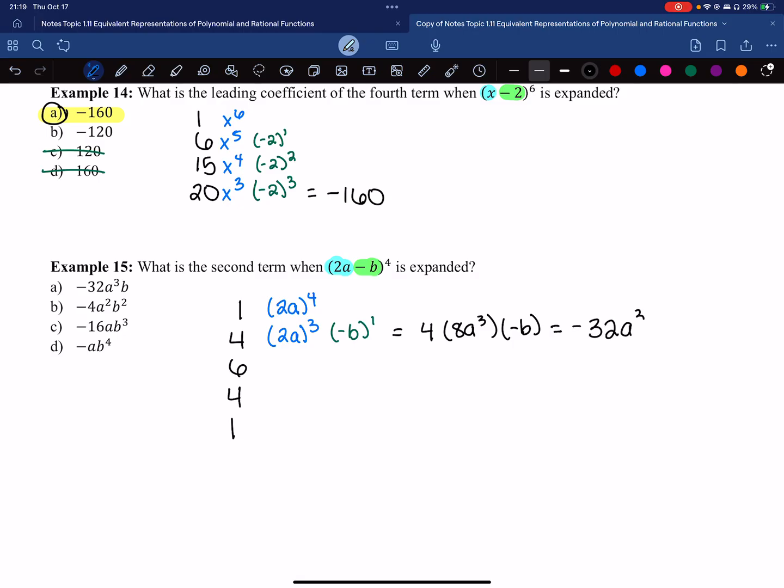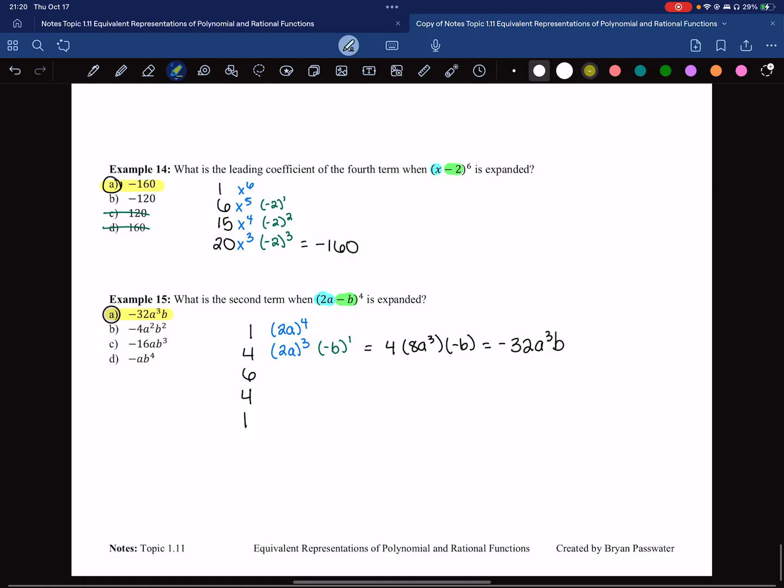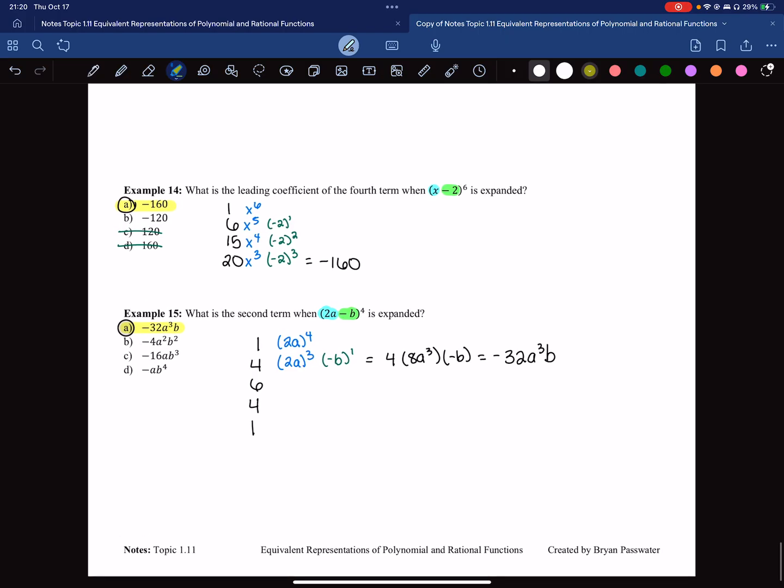Then you have a to the third b. So when we look at our answer choices, that would be answer choice A. And that's all you would need for that. So if you have any questions, please make sure you write them down so you can ask in class.